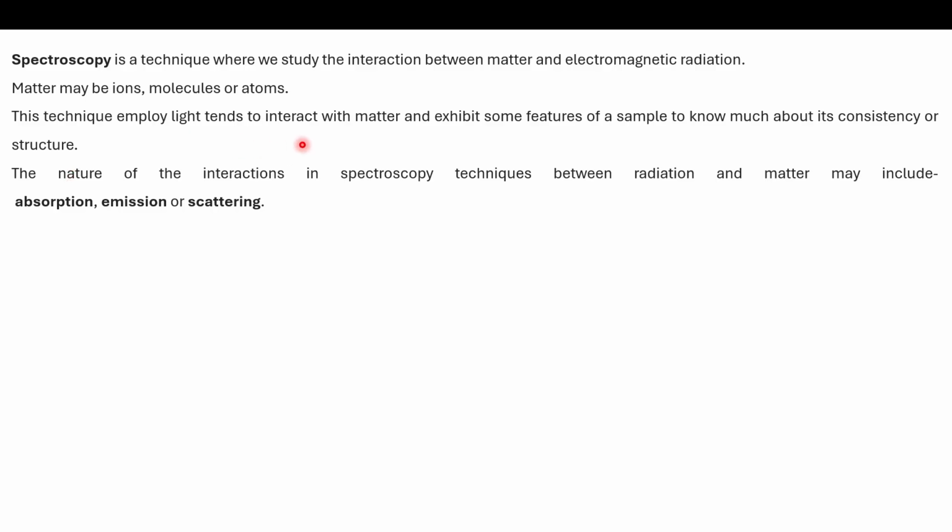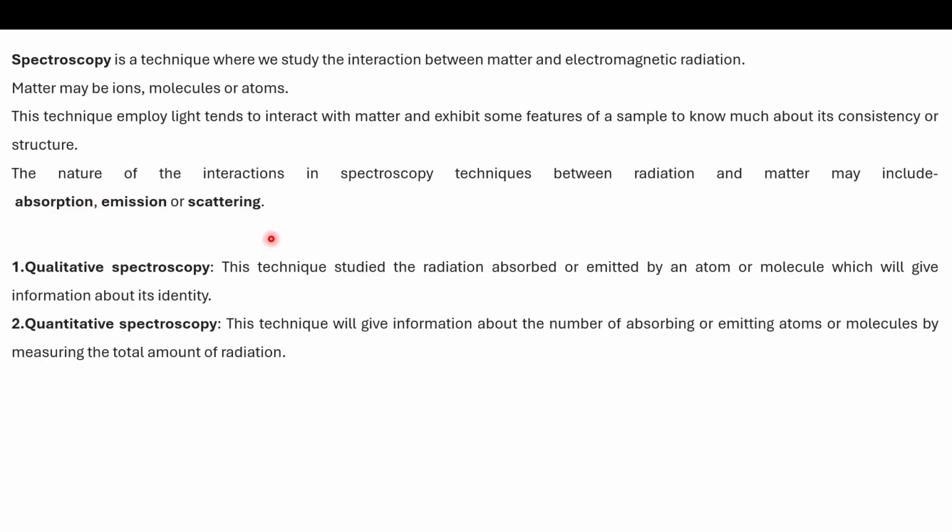This technique employs the fact that any matter exposed to light interacts with it and exhibits some features. So what can be the different interactions in spectroscopic techniques? It can be absorption, emission, or scattering.